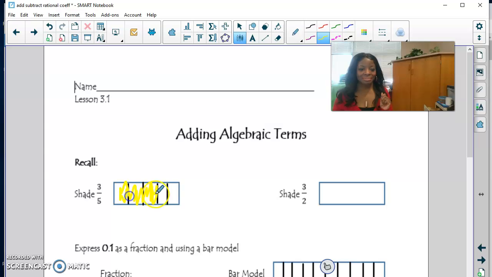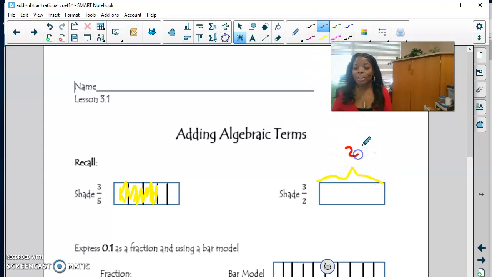Okay. 3/5. Now, who can say this next fraction, 3/2, as a fraction? 3 what? 3 halves. Nice job. So, 1 whole is what fraction with the denominator of 2, guys? 2/2. Nice job. So how many more halves do we need?